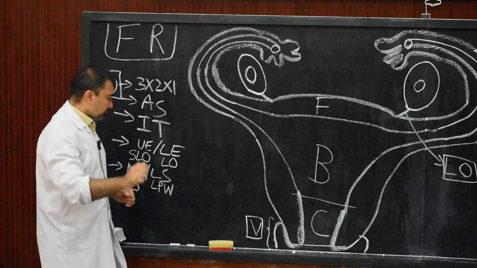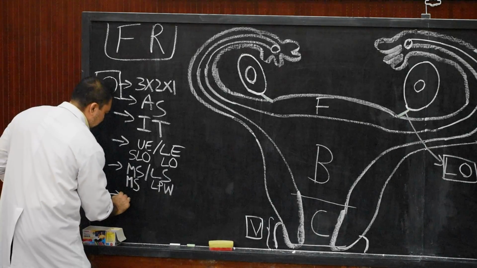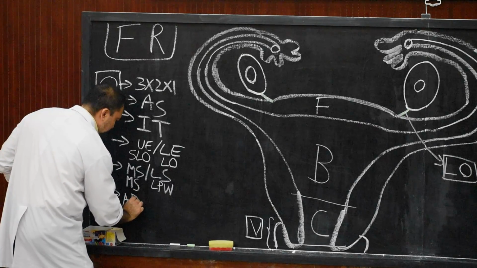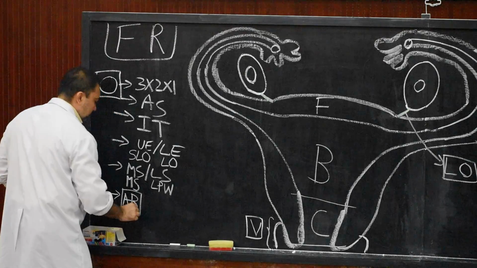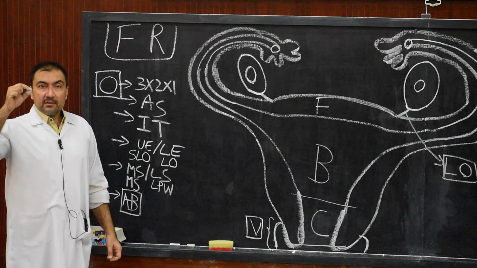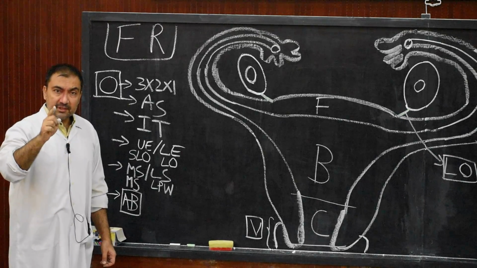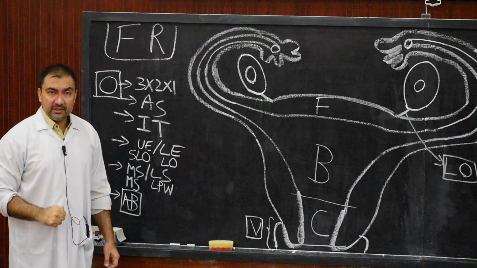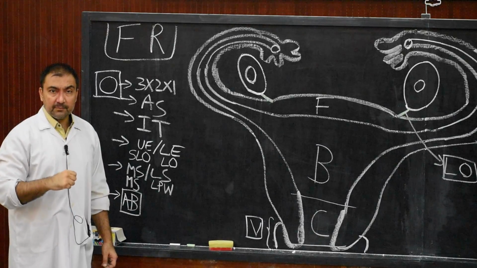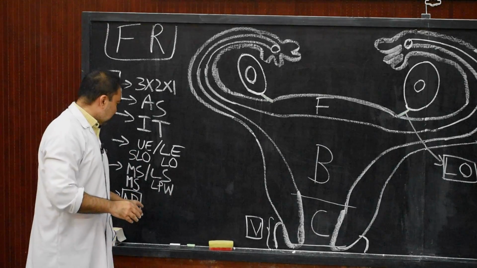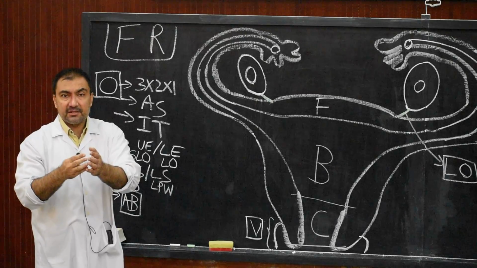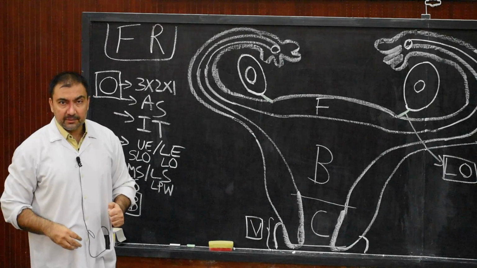Now, the anterior border of the ovary is very sharp. The anterior border will be attached to the posterior layer of the broad ligament, or posterior margin of the broad ligament. This is known as mesovarium. So the anterior border is connected with the posterior margin of the broad ligament by mesovarium.